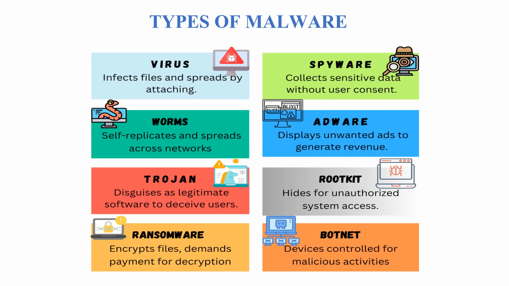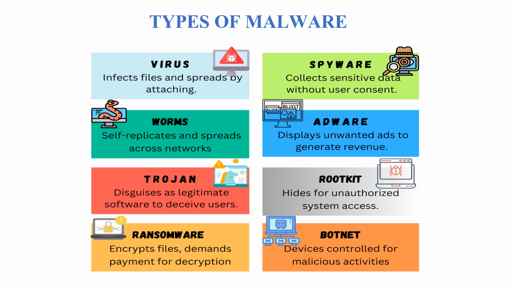First one is virus. Virus infects the device and replicates itself. It spreads by attaching to files. Next is worm. Worm is self-replicating and it infects the system without any human interaction, and it also spreads across the network.